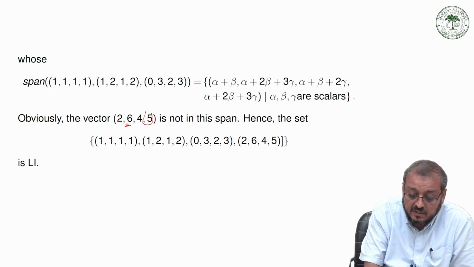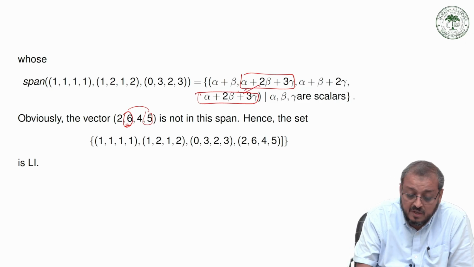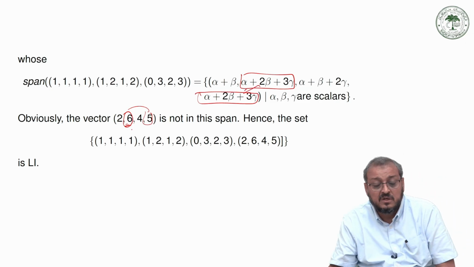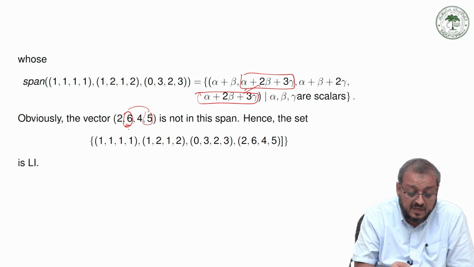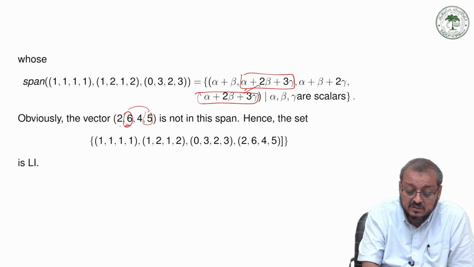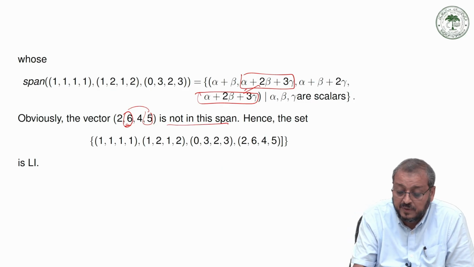Suppose we have the second entry equal to 5. So I choose 6 and 5, two different entries, because here we just check the second position, and the fourth position remains the same. So I make these two positions differ, and then the vector (2, 6, 4, 5) is not in this span.